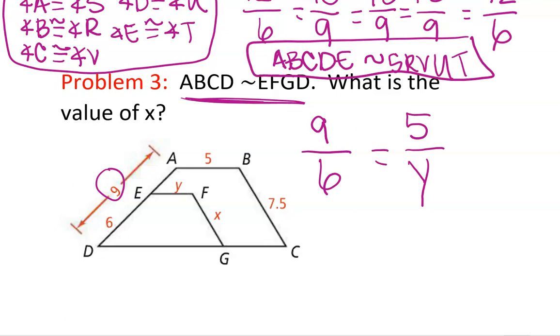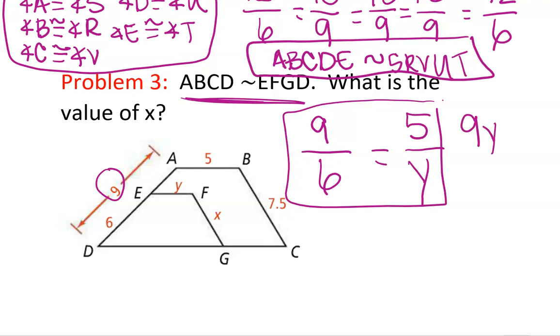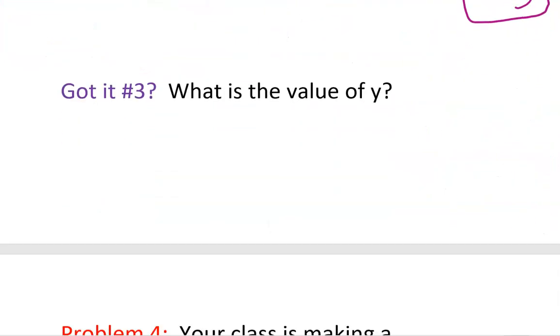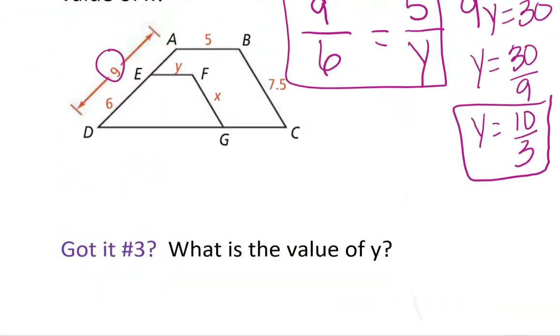Yep, I'm going to do that. So I'm going to just look at this one. 9y equals 30. They want the value x, but I know the question underneath wants y as well. So y is going to be the same as 30 over 9 or 10 over 3. So we actually answered your got it question already.